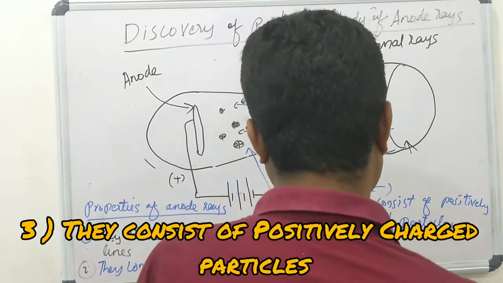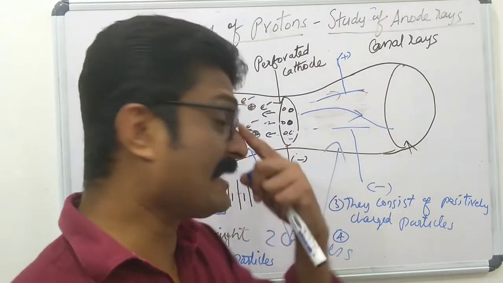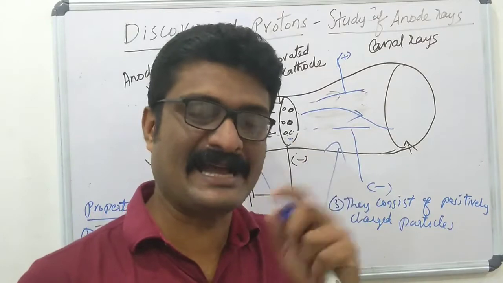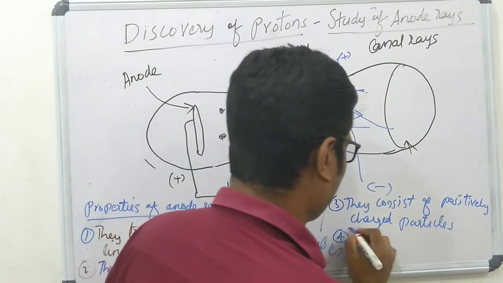Then number 4, they get deflected when electric and magnetic fields are applied. That is the next property.